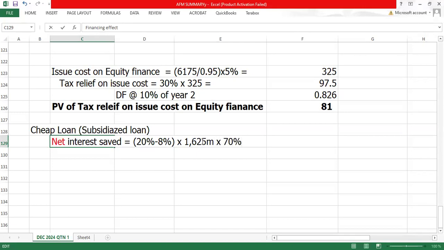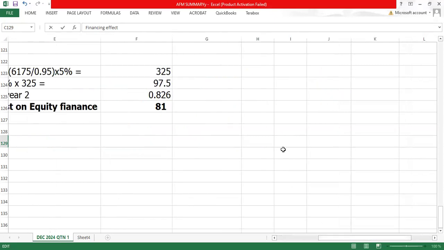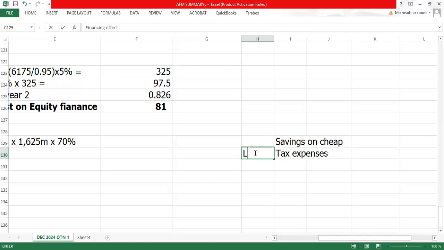Some of you want the hard drive. If you want the hard drive, first get the savings on the cheap loan, then you raise the tax expenses. The answer you get will be the net saving. So you get 12% times 1,625 million.